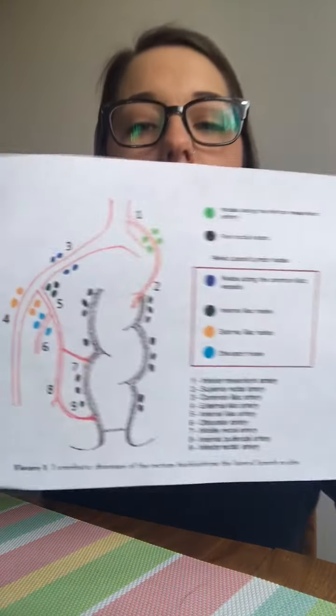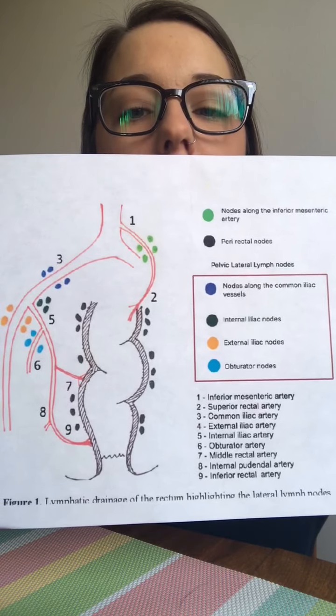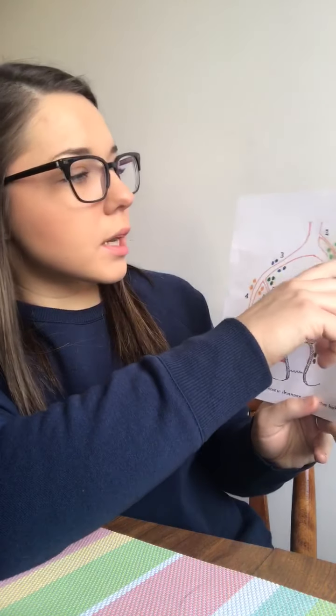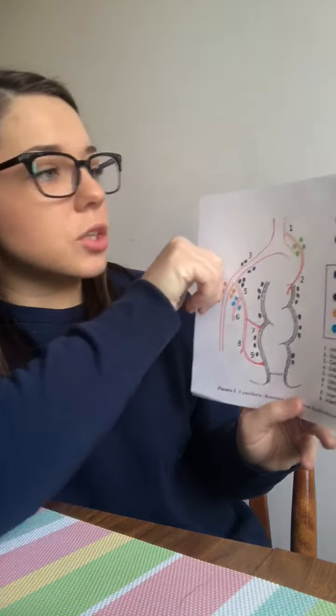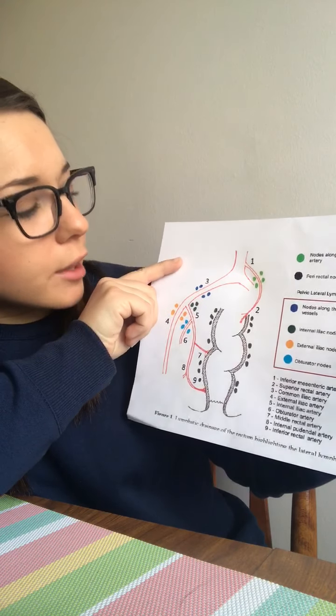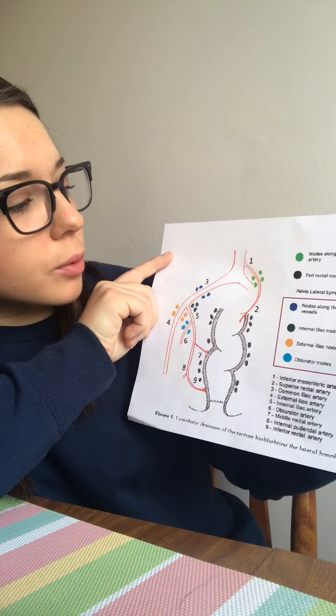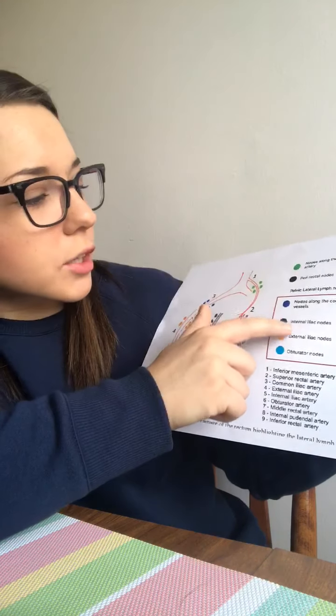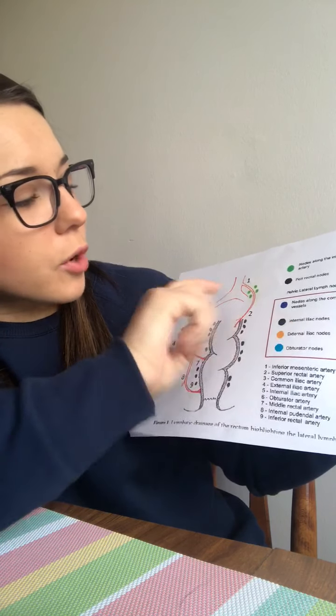For the lymphatic drainage part, I'll go over that too. The green is the nodes that are along the inferior mesenteric artery, and the black ones are the perirectal nodes. This right here is the pelvic lateral lymph nodes.